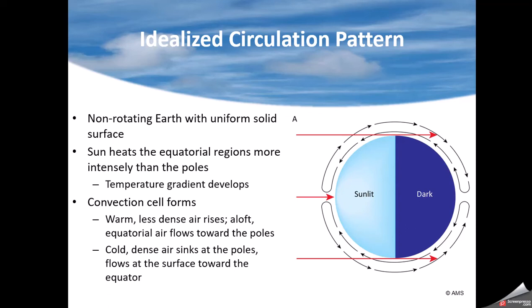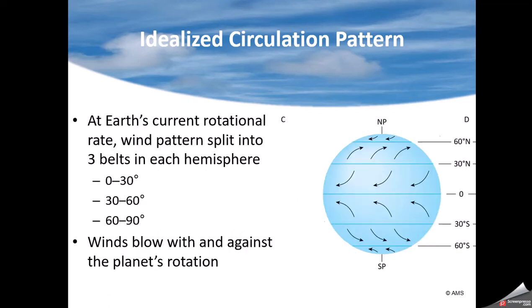So that would be where your rising motion occurs. Sinking motion would be on the opposite side of the globe, and you would just get these big circulation cells that would work from that aspect.